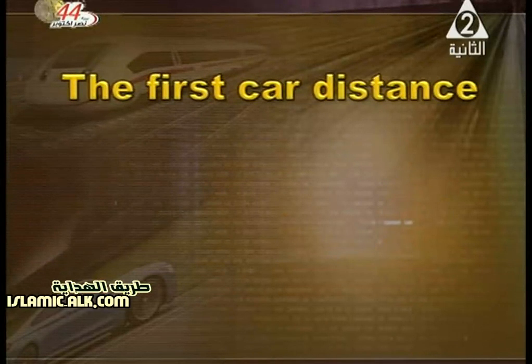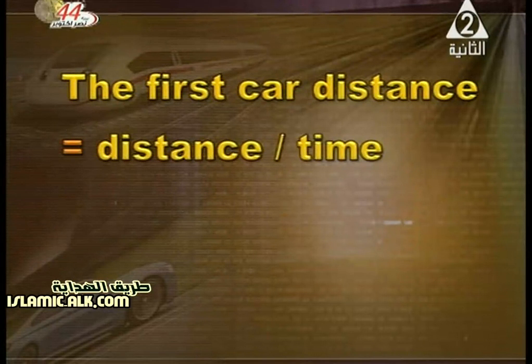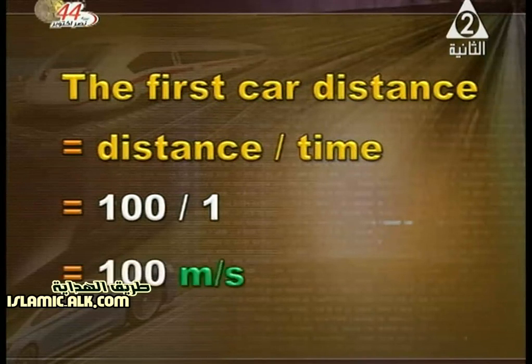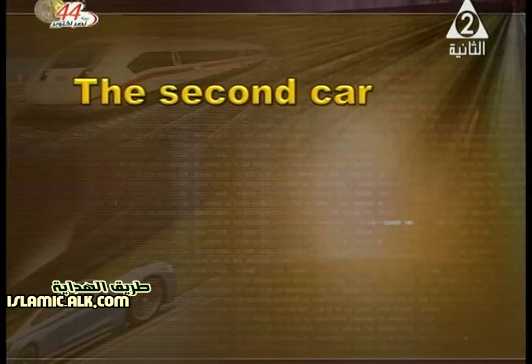The first car: distance equals distance over time. We know the distance is 100, time is 1. So 100 per 1 equals 100 meters per second. What does this mean? I have here good speed. What about the other car? The second car, by the same steps.